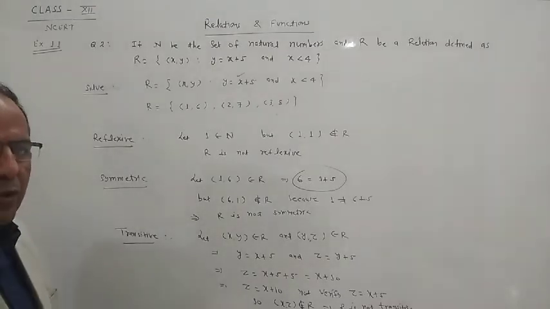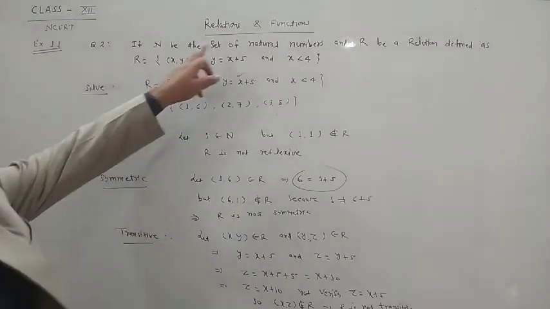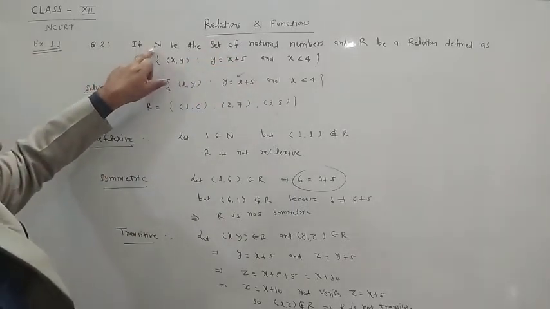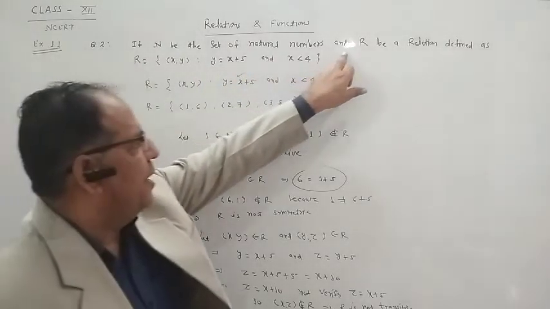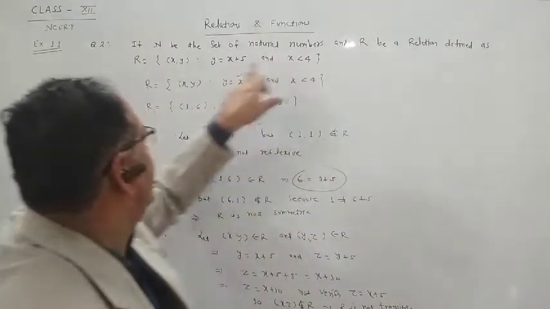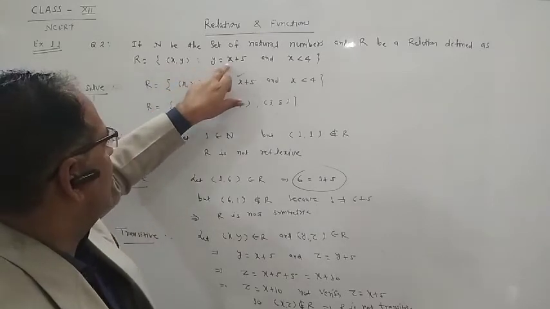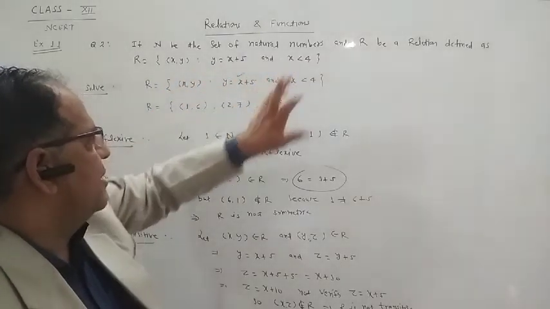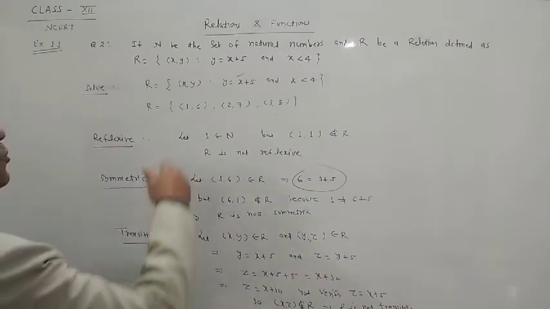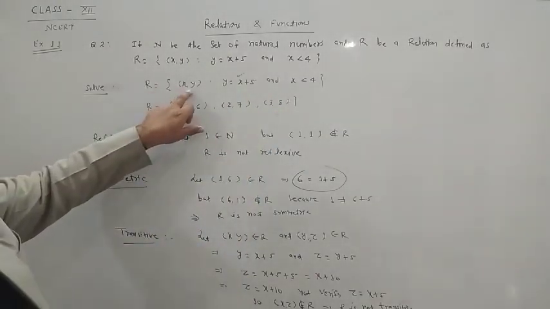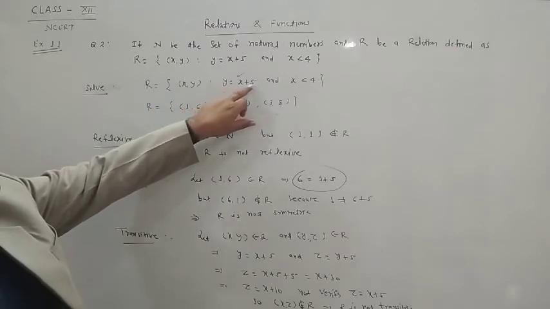Now I am taking one more question based on relations and functions. The question says that if N is the set of natural numbers and R is a relation defined as R equal to the ordered pairs (x, y) such that y equal to x plus 5 and x less than 4. So we start solving this question. The relation is R equal to the pairs (x, y) where y equal to x plus 5.